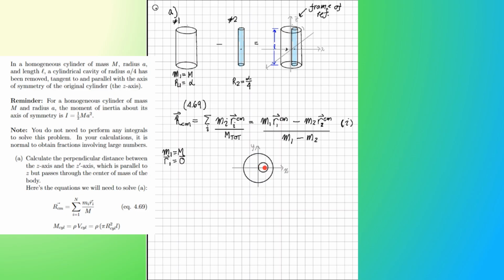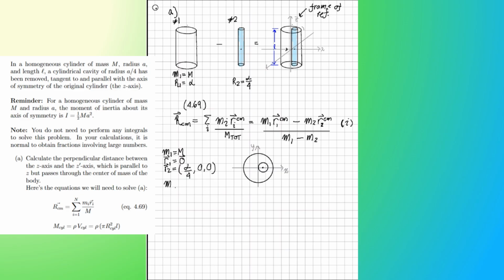So if we think of the cavity as a solid, the center of mass of that solid will be at the axis of symmetry of the cavity. So the distance right here is just R2. So R2, the vector position of the center of mass of the second cylinder relative to our frame of reference, will be alpha divided by 4 in the x direction and 0 in the y and z direction.